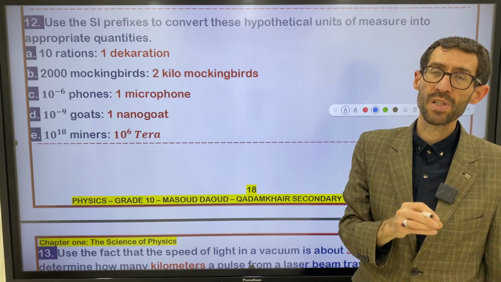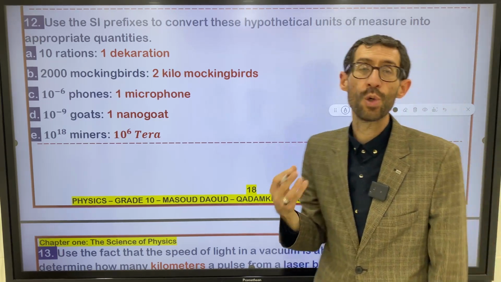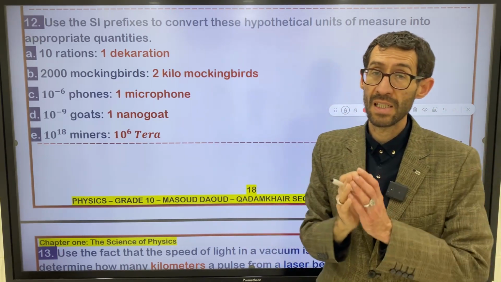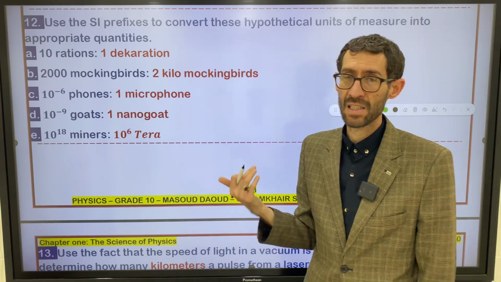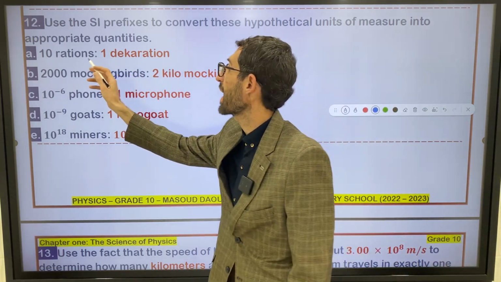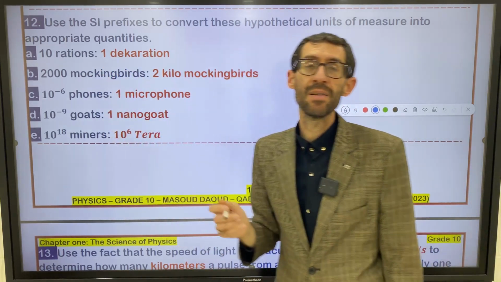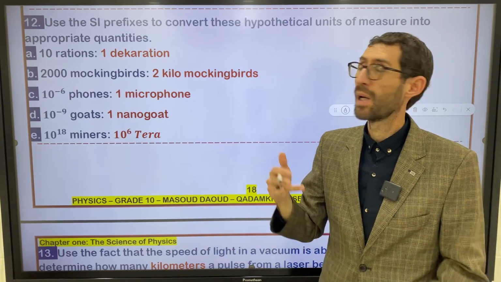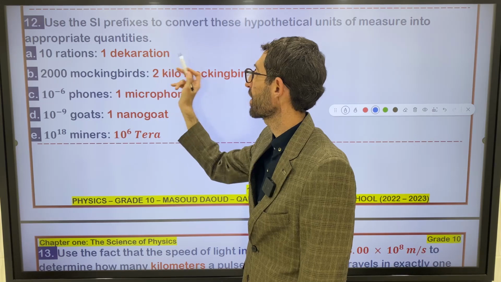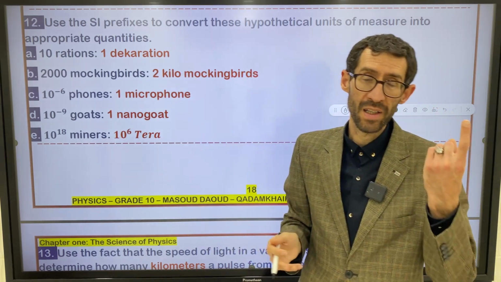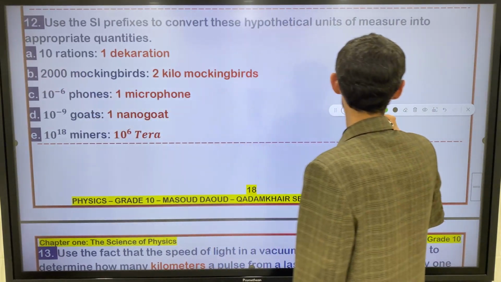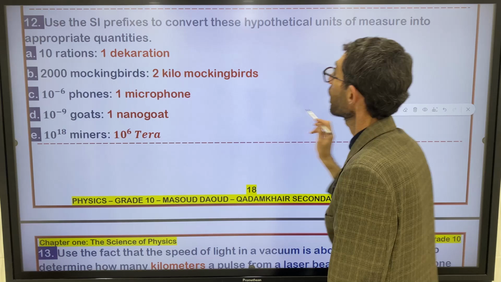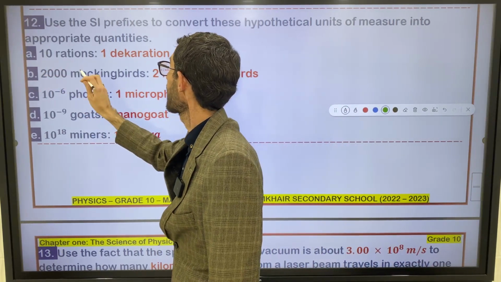Instead of this expression, we shorten it, right? Instead of the expression, we use an appropriate SI prefix. 10 rations. 10 means deca, yeah? So it will be 1 deca ration. 10 means 1 deca, yeah? So instead of 10, I write, look here, 1 deca.